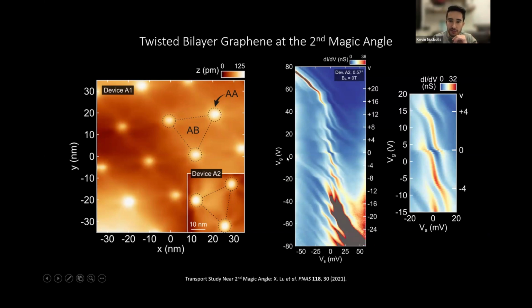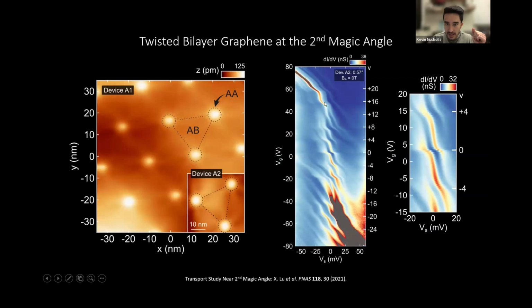I'll measure this as a function of the gate voltage Vg, which gives me density resolution, and the sample voltage Vs, which gives me energy resolution, where this center line, 0 energy, is the Fermi level, where a lot of action will be focused.